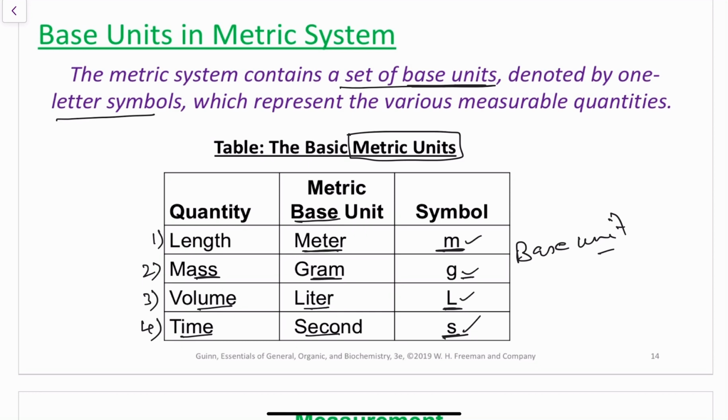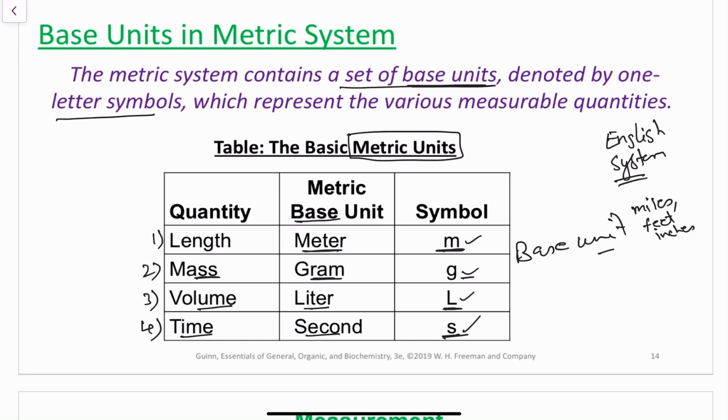So we just talked about the metric system, but like we studied in the previous slide, we have the English system too, right? In the English system, for length we may be using miles, feet, inches, right?